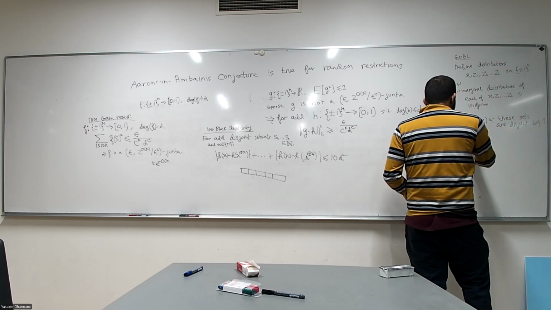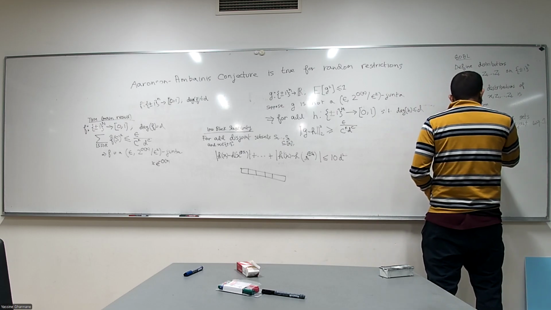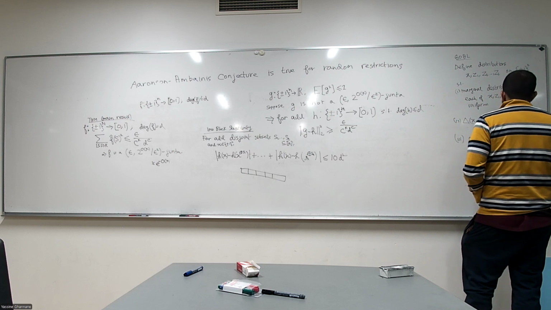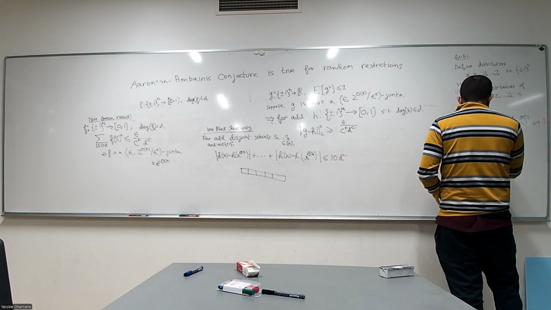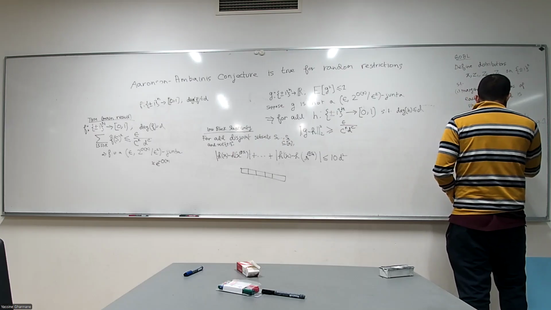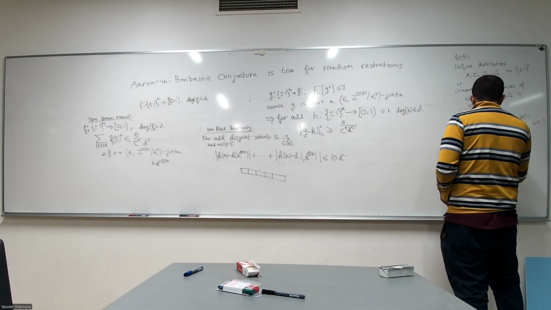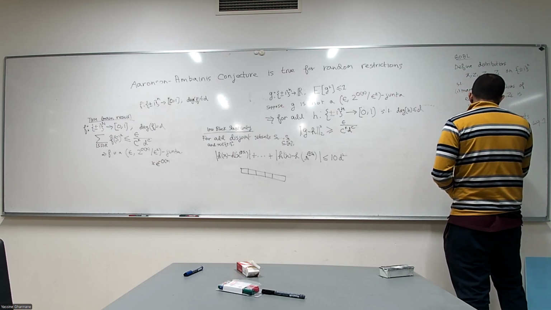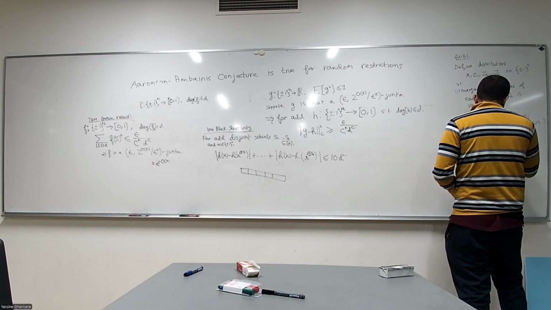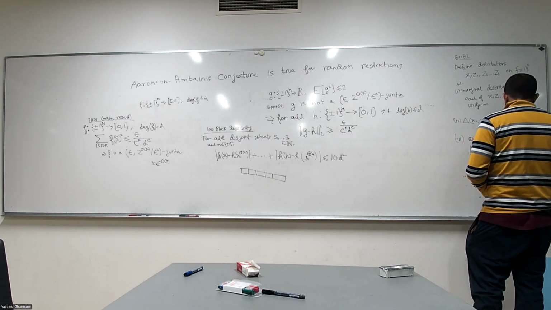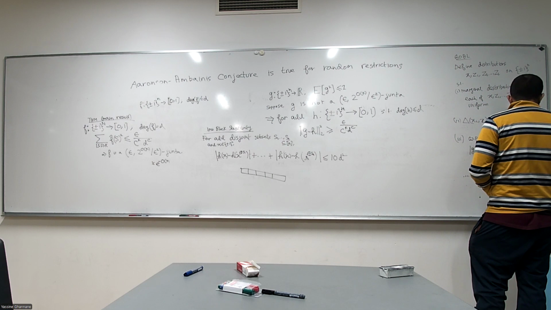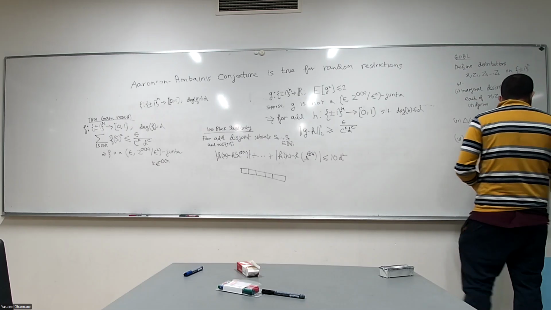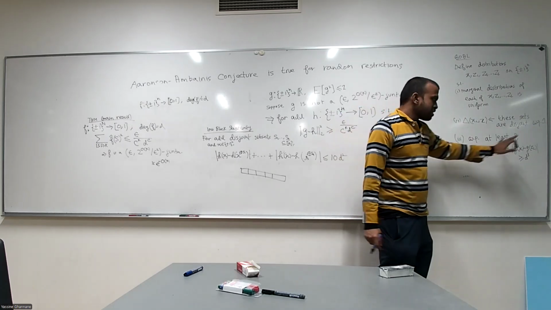And property 3, we want that with some probability P, this sum is large.